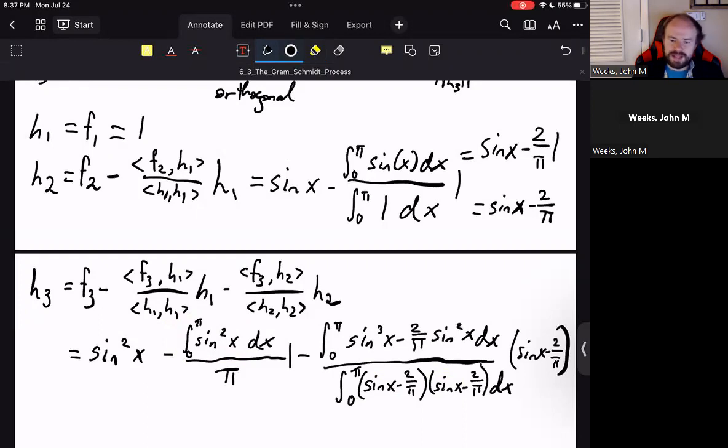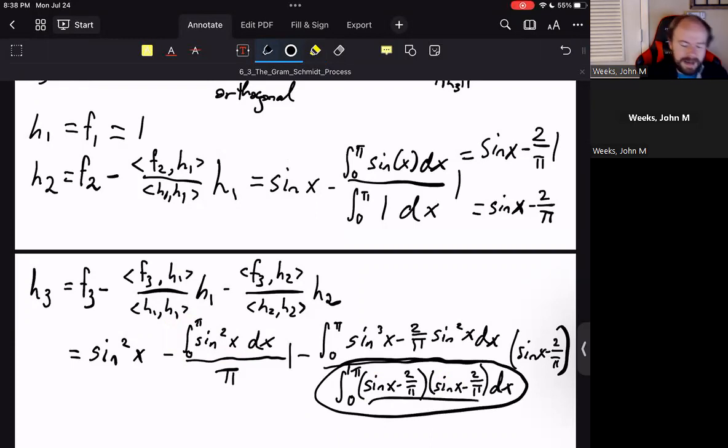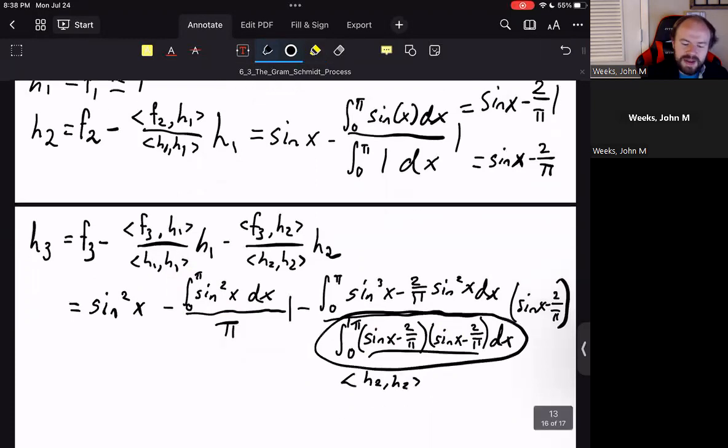Right? For h2, for example, I will be finding the length of h2 by calculating this right here. If I calculate the integral from 0 to pi of this value, then what I'm doing is finding the inner product of h2 with h2. And remember that if I take the square root of that, what I get is the length of h2.